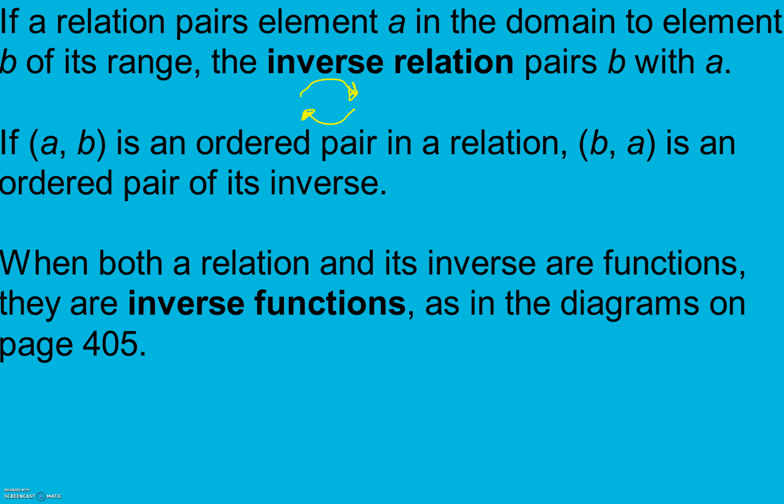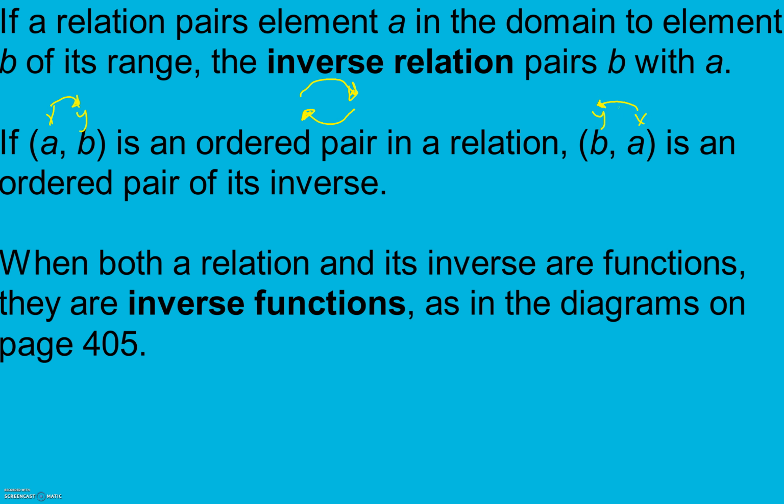If (a, b) is an ordered pair in the relation, (b, a) is an ordered pair in its inverse. So the x and y values are the same values, they just swap places.